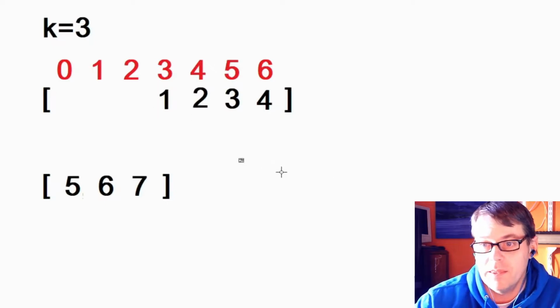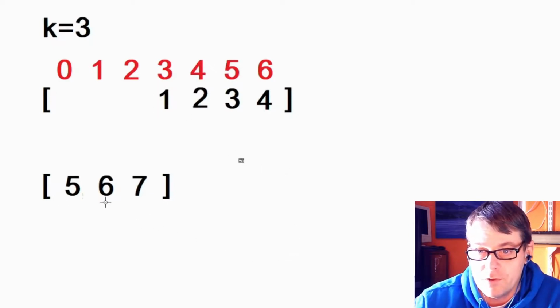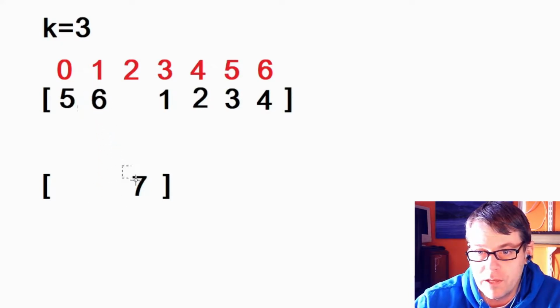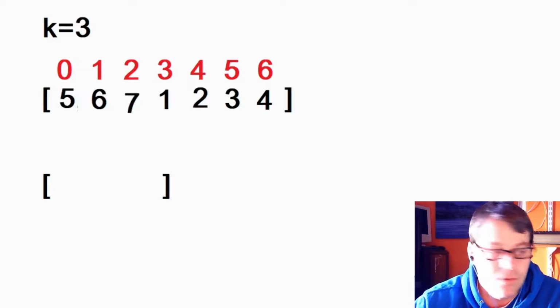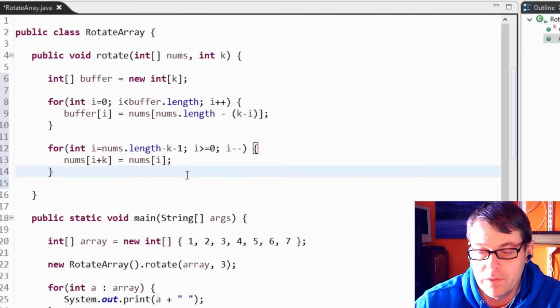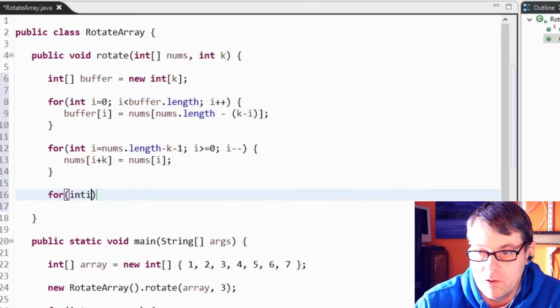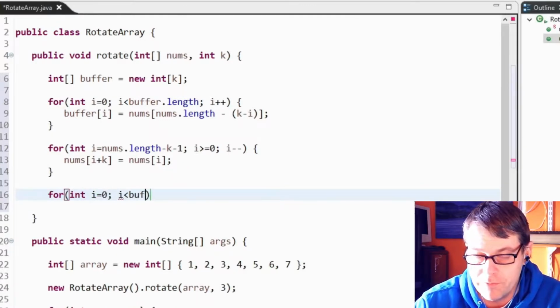So now we're in that position. Now I want to loop through our buffer and just move the value from our buffer. We're actually copying it, but I'll do it moving it. Move the value from our buffer back into our original array. So this time I want to go through the buffer again.